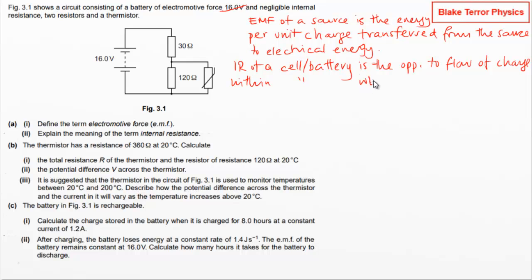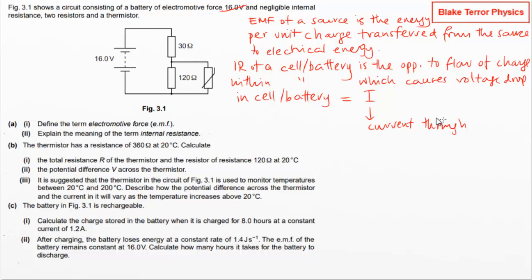And this causes a voltage drop in the cell or the battery, equal to I, which is the current through the cell or the battery, multiplied by little r, which is the internal resistance. Right, so two fairly long-winded definitions on those. I'm not a fan of the internal resistance one because it takes so long to write it out.